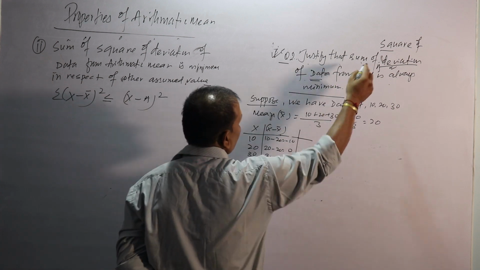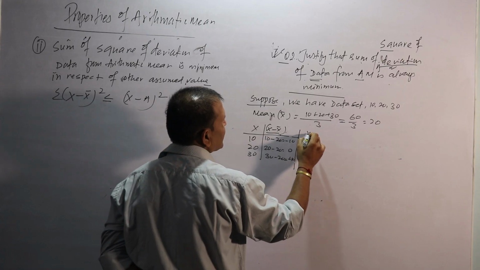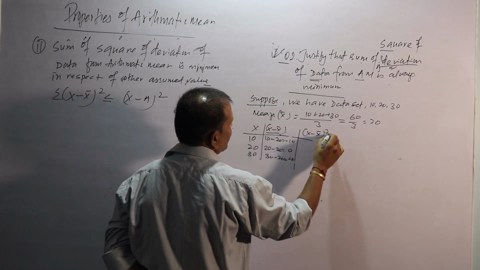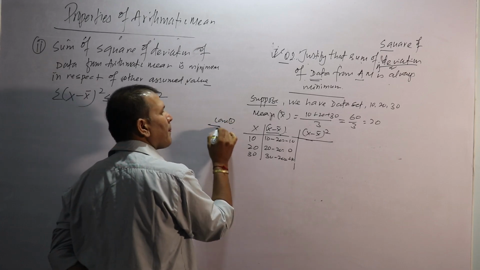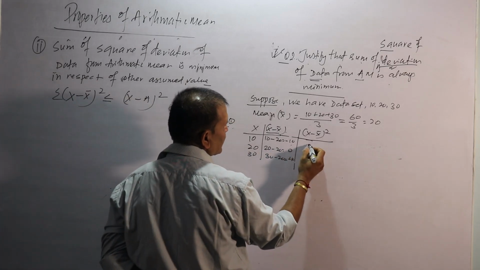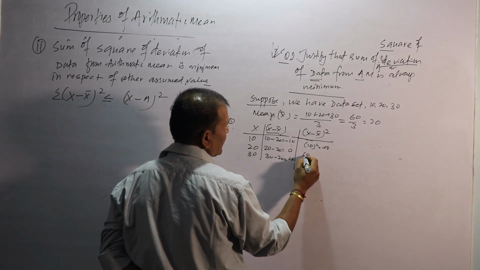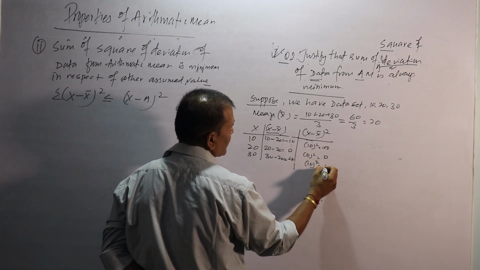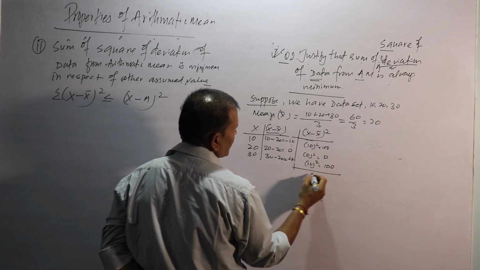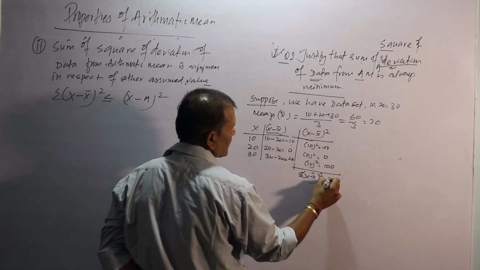Now the squares of deviation, (x minus x mean) square. Case 1: 10 square is 100, 0 square is 0, and again 10 square is 100. So the sum of squares of the deviation is 200.